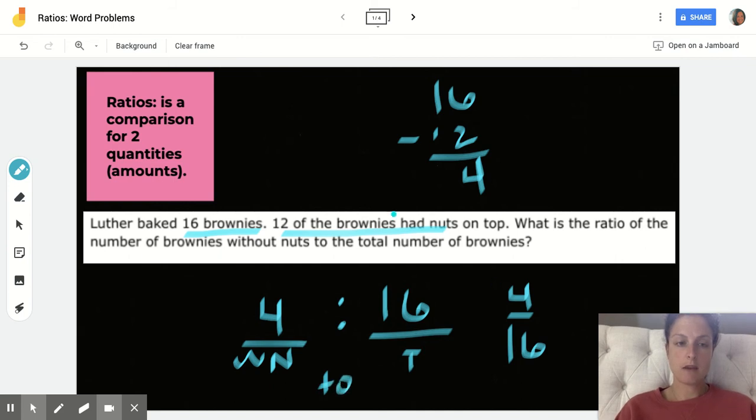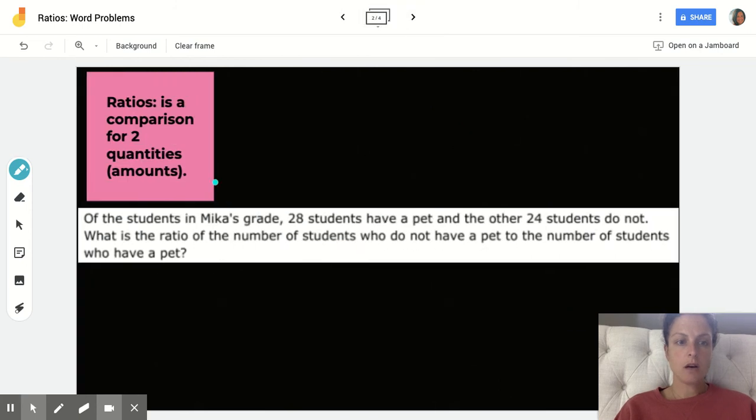Okay? Taking a look at number 2. Of the students in Micah's grade, 28 students have a pet, and the other 24 students do not. What is the ratio of the number of students who do not have a pet to the number of students who have a pet?